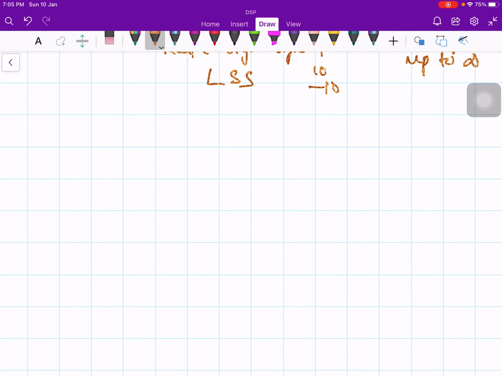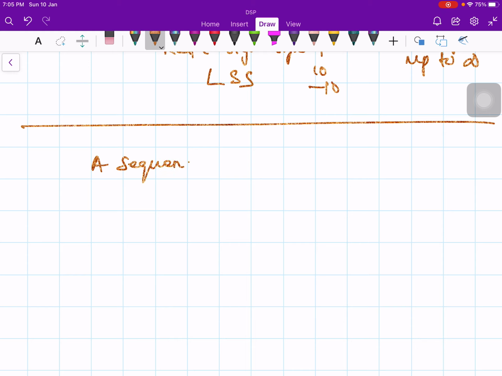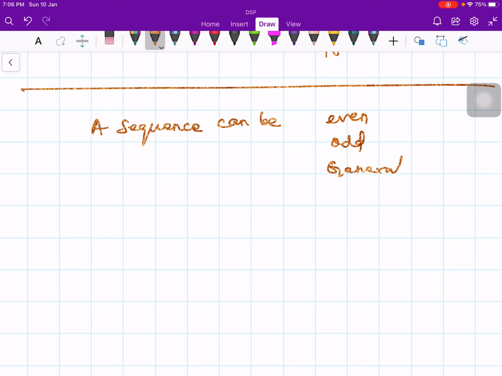So a signal or a sequence can be even or odd, or a mixture of even and odd. A sequence can be even, odd, or a general signal. Okay, so the definition is very simple.